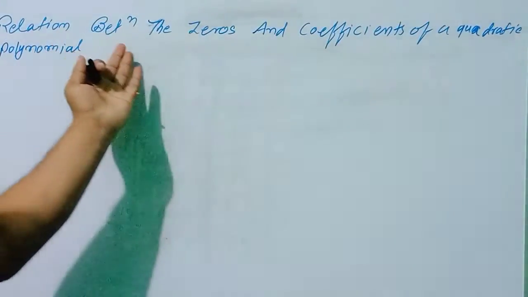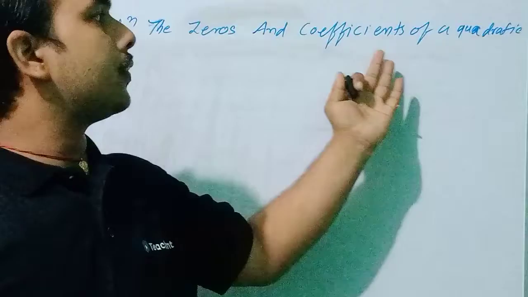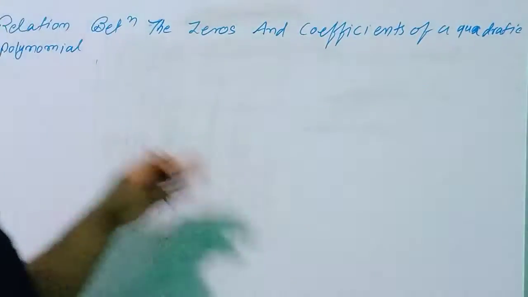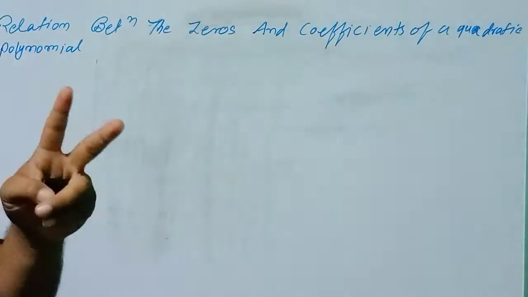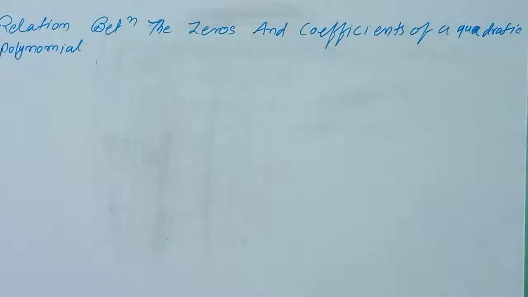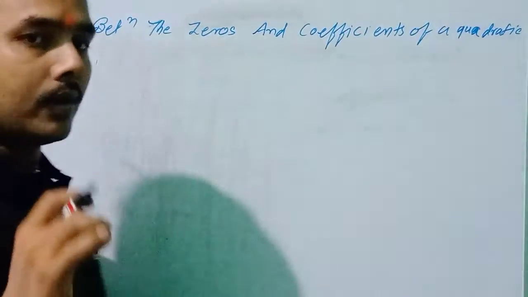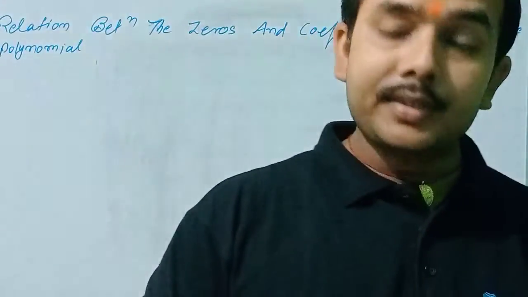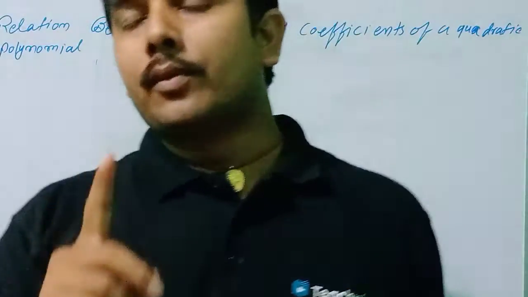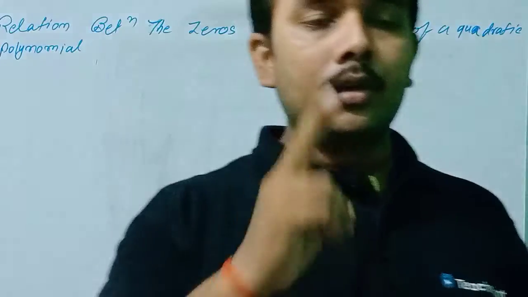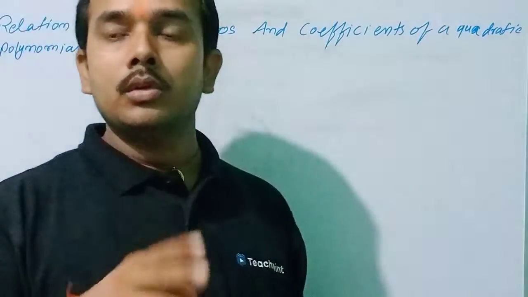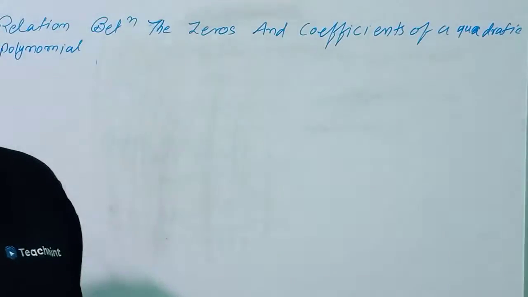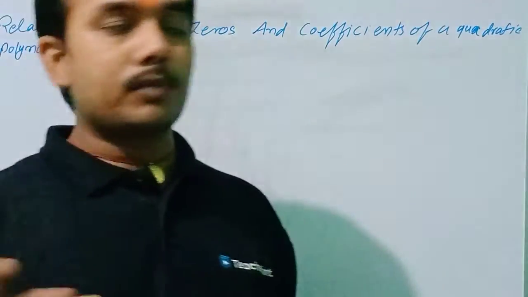Relations between the zeros and coefficients of a quadratic polynomial. Means we will discuss about relation between the zeros. So if the polynomial has degree 1, then the value of x is 1. If degree is 2, then value of x is 2. If degree 3, then value of x is 3. Okay, this way.